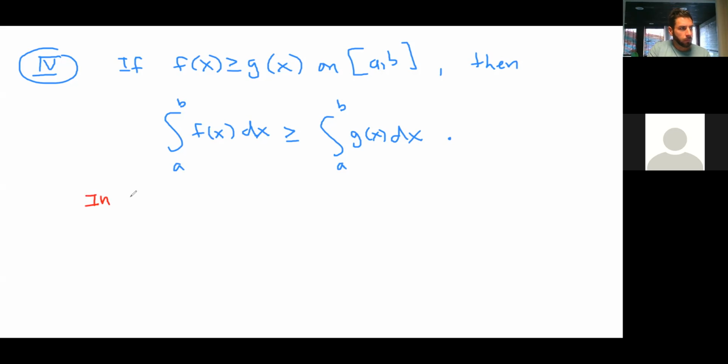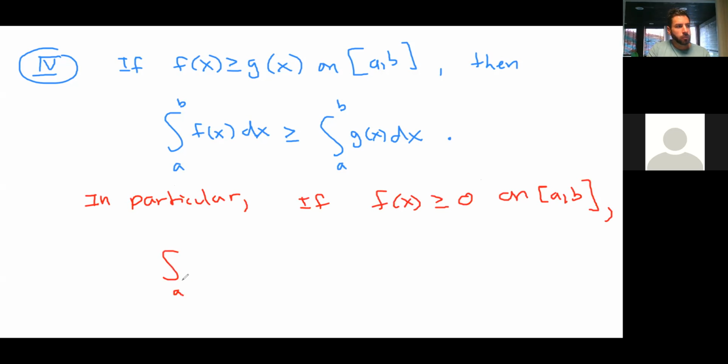So in particular, if you have a function that's non-negative, then you know the value of your integral better be non-negative. Any questions?